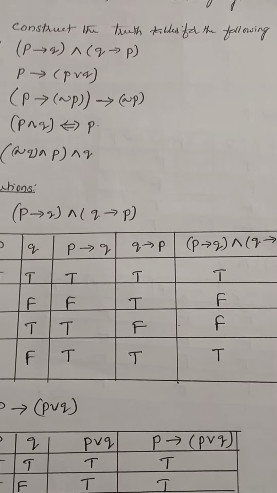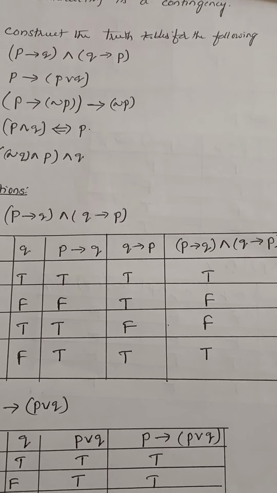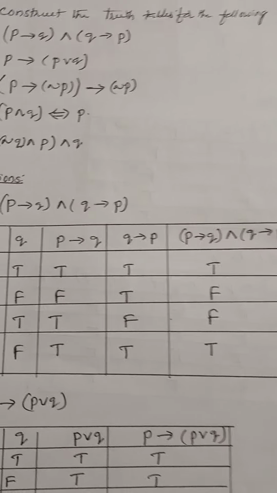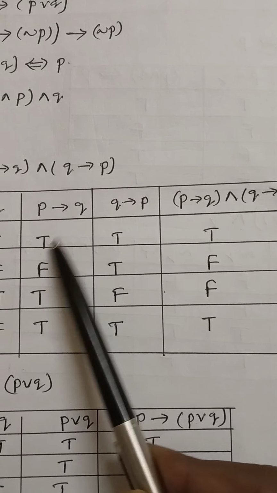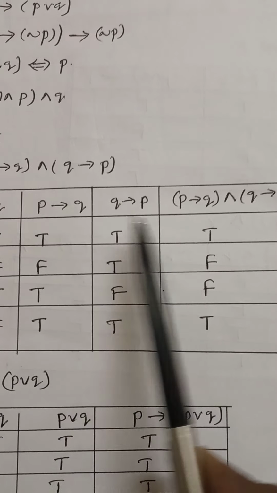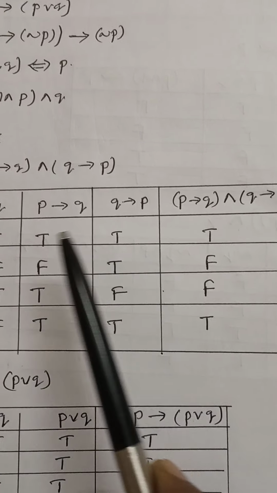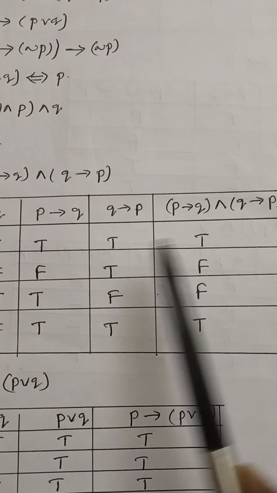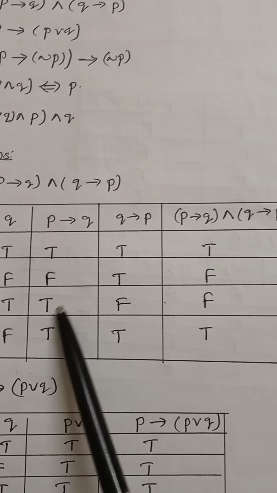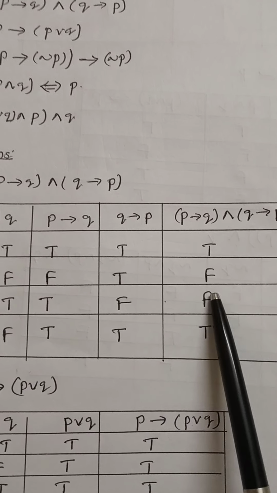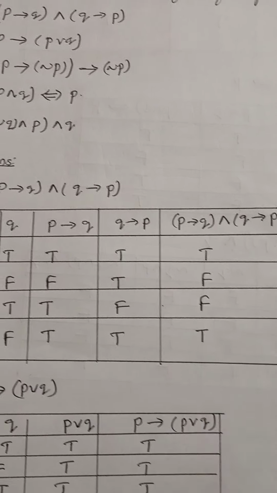If both are true, then the compound statement is true. True and true is true. False and true is false. True and false is false. True and true is true.